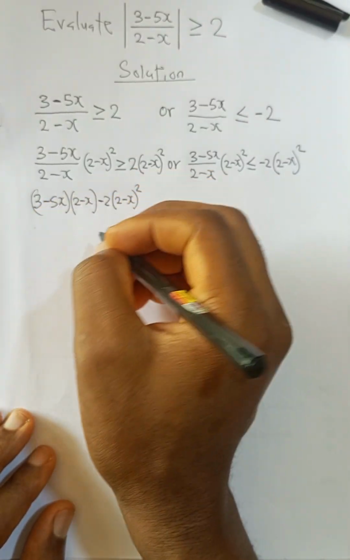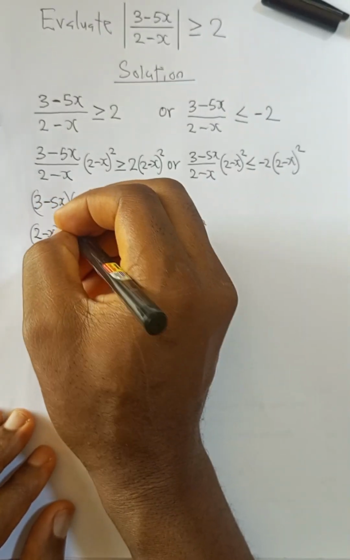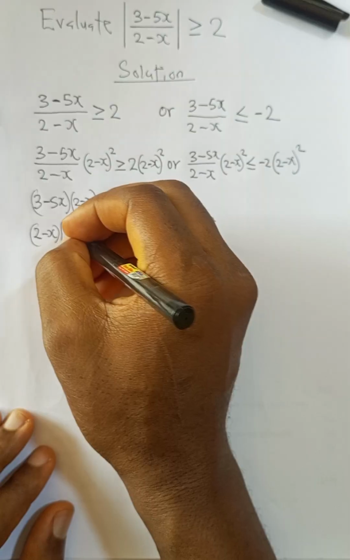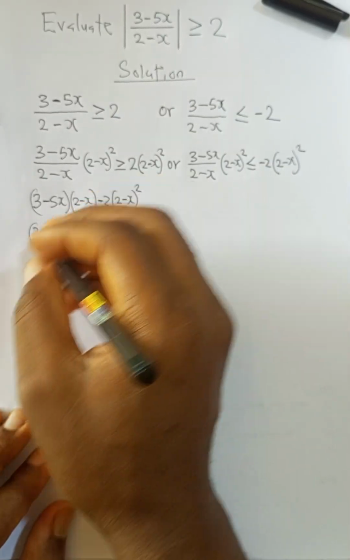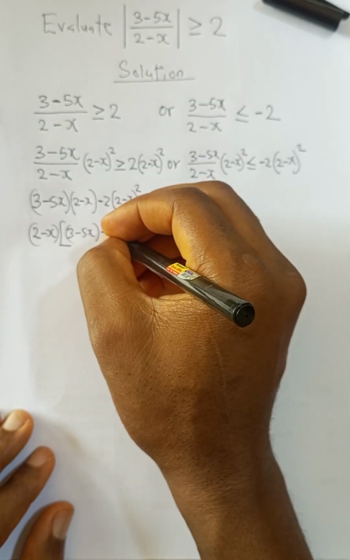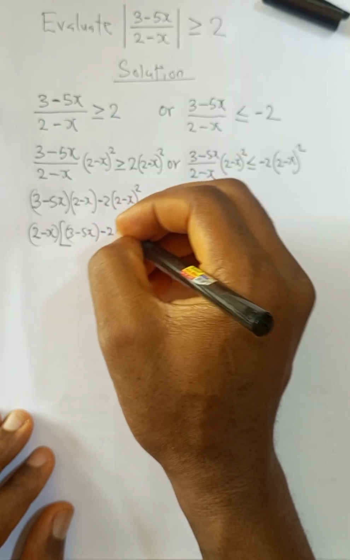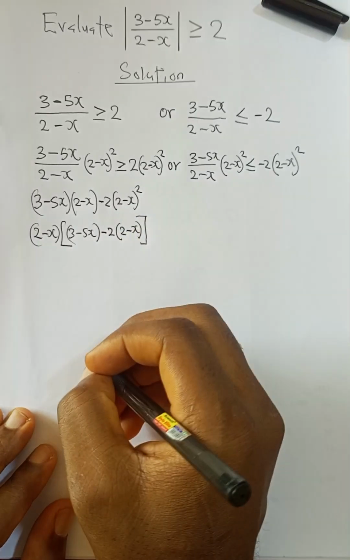So we have what is common here, 2 minus x. 2 minus x is outside. What will remain inside here? It will remain 3 minus 5x. Then what will remain here? It will remain minus 2 bracket (2 minus x), because 2 minus x is already out.